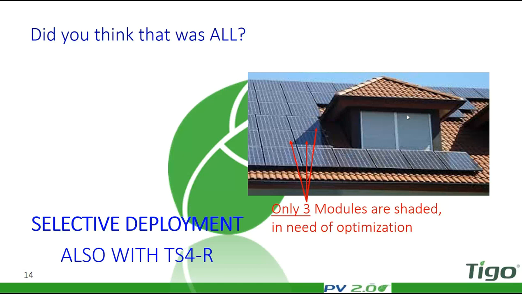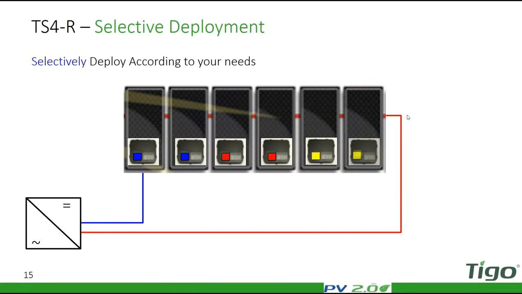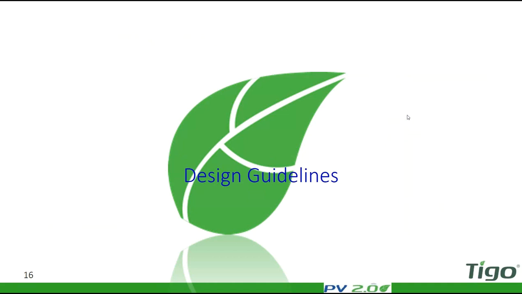So instead of changing the entire design, changing the entire layout, buying optimizers for 20, 30 panels, all you need for 3 shaded panels is 3 optimizers, which is pretty unique. So yes, all of them can be mixed and matched, and here's when we'll start talking about what you can do, what you can't do, and all the benefits around it.